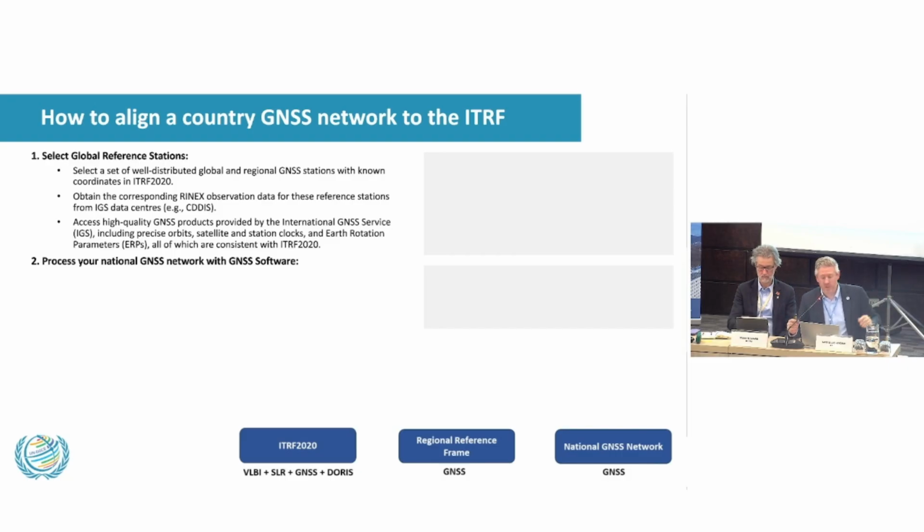They also have to bring in some of these products that we were talking about yesterday. You need information about precise satellite orbits. You need information about the clock parameters of the satellites and the receivers. You need all that information in a consistent reference frame. So all of this is being done for you by the IAG services.